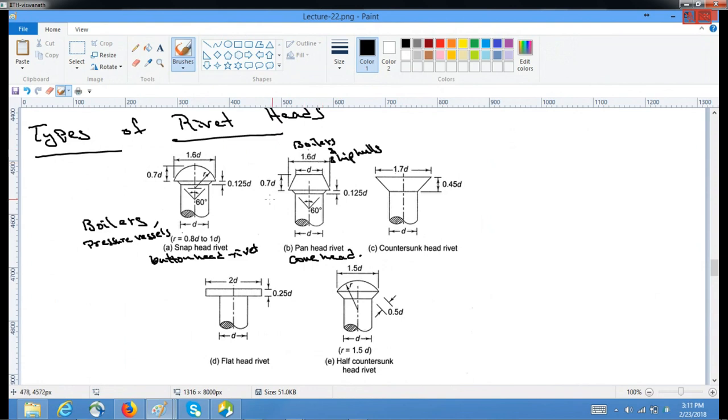And the third one is called countersunk head rivet. It is generally used where protruding head is objectionable.